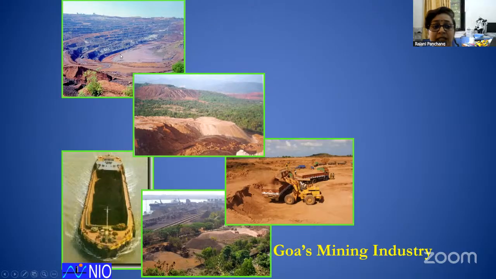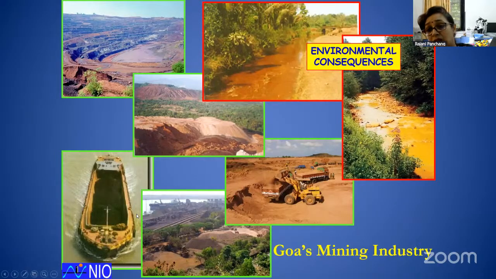And because it is 100% export oriented, you do open cast mining. Whatever is the waste material, the overburden, is stacked up like this on maybe agricultural land or forest land. And all this during monsoon, can you see this dust? All this dust, with winds, gets blown into water bodies. And this is what is seen.